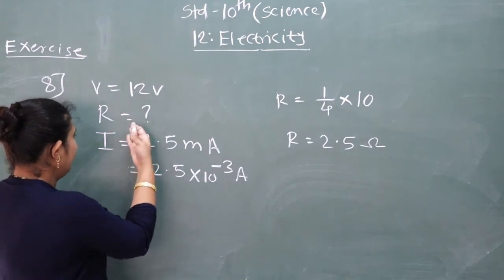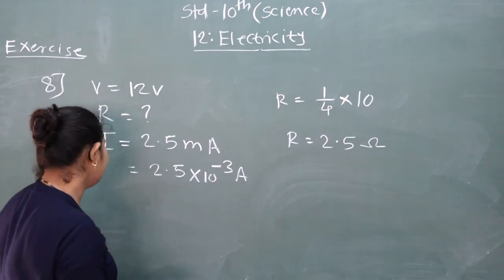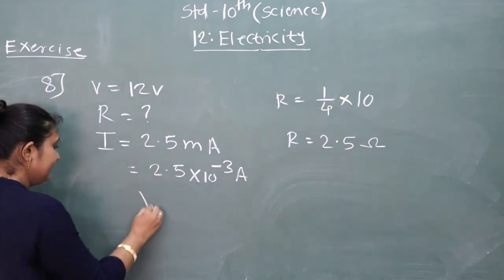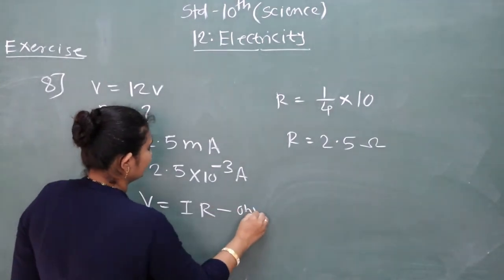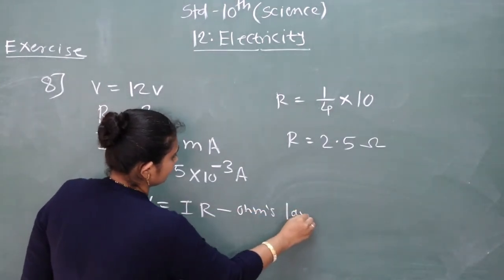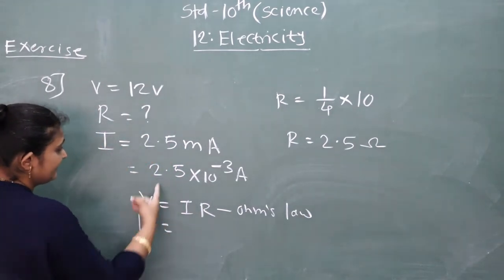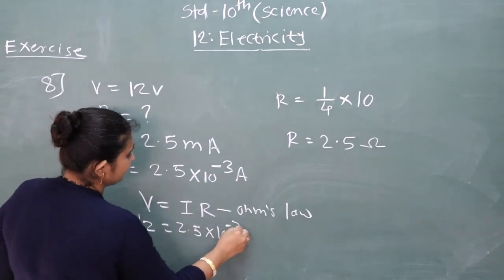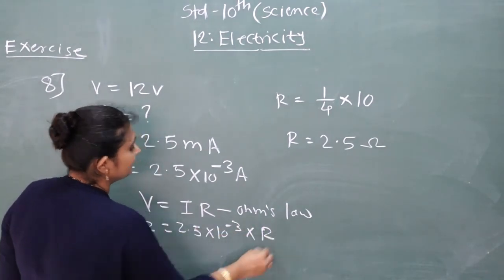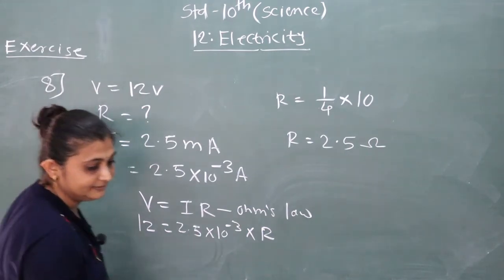Now V, I and R, which formula we have to use? Correct. Ohm's law, V is equal to IR. V is equal to 12, I is equal to 2.5 into 10 raised to minus 3, into R. This term will be divided here.